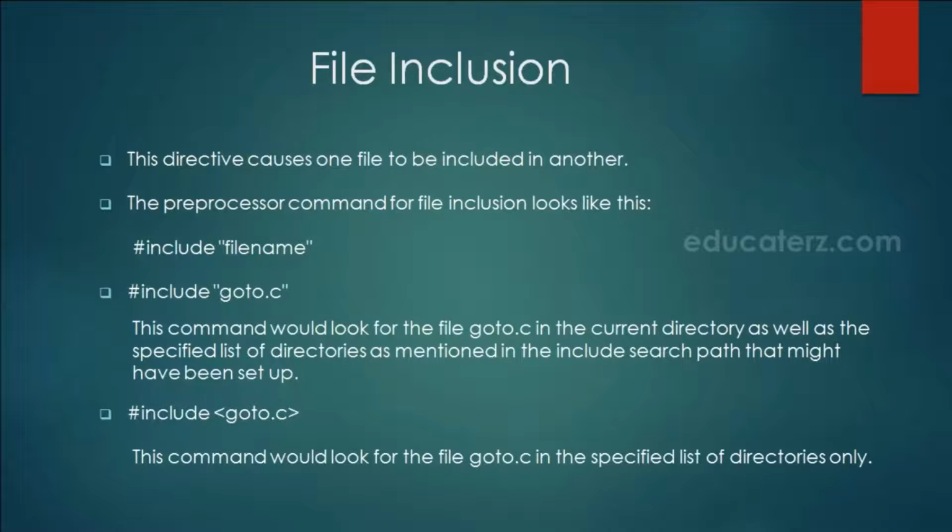But if we have #include with goto.c in angle brackets, then this command would look for the file in the specified list of directories only. So when we create some file and we want to include that file into another file, we keep it in the current directory. That time we use #include with the file name in double quotes.